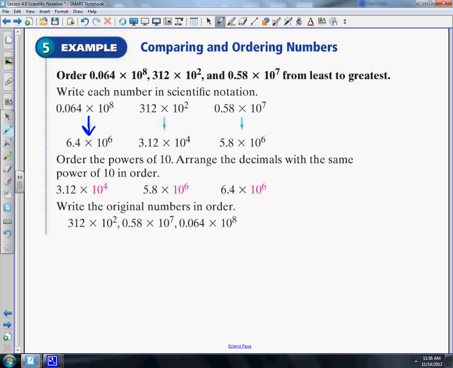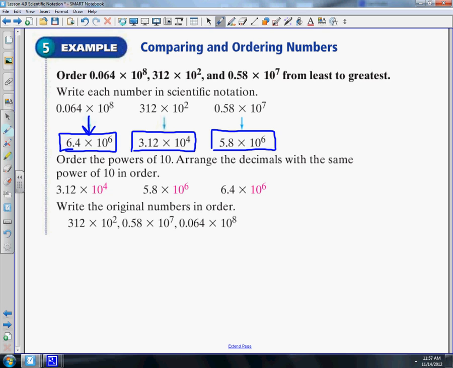So here they changed it to 6.4 times 10 to the 6th. My number was a tiny decimal and it went up to 6.4, so my power goes down. This 312 went down to 3.12 and my exponent goes up. And then this number goes up and my exponent goes down. Now I can order them.